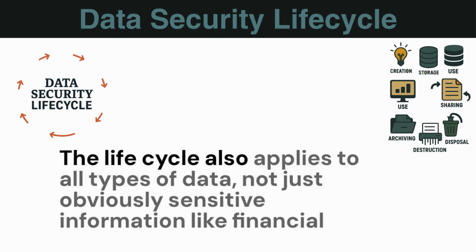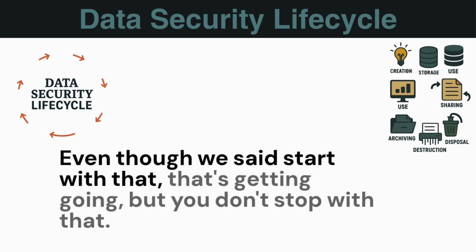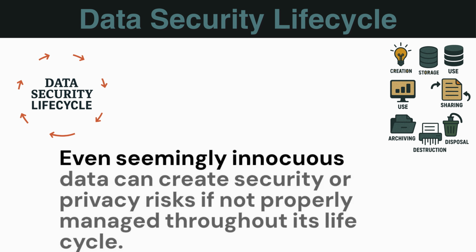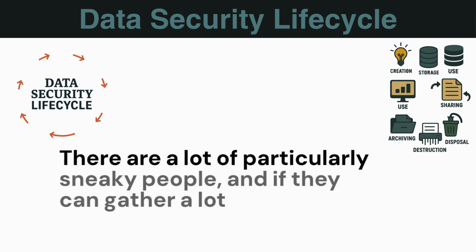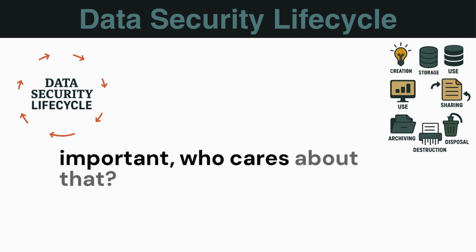The life cycle also applies to all types of data, not just obviously sensitive information like financial records or health data. Even though we said start with that, that's getting going, but you don't stop with that. Even seemingly innocuous data can create security or privacy risks if not properly managed throughout its life cycle. There are a lot of particularly sneaky people, and if they can gather a lot of different pieces of information that people might say, well, that's not important, who cares about that?